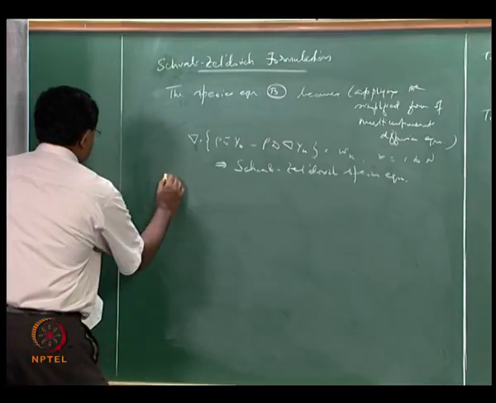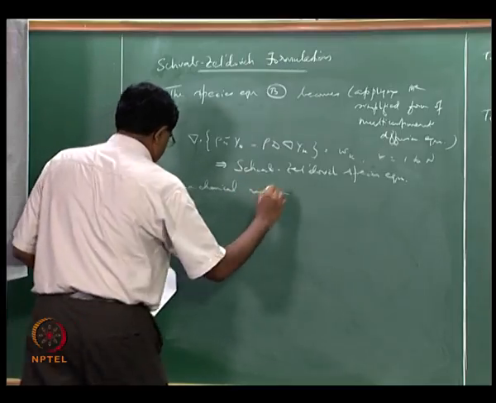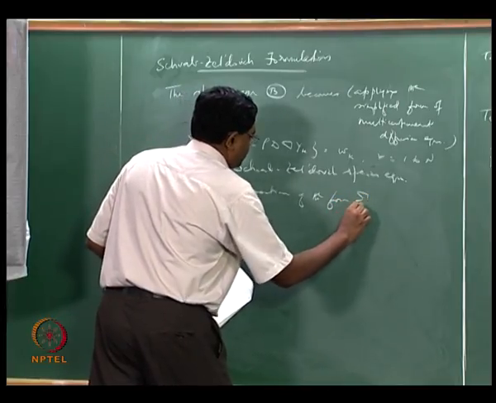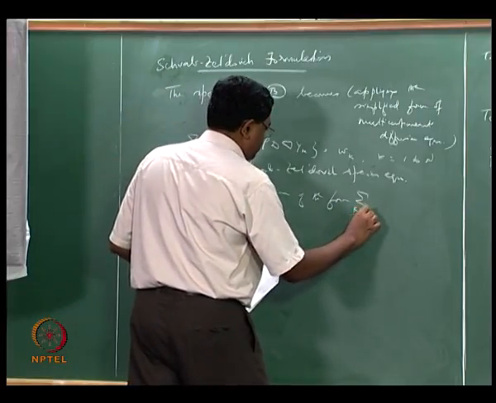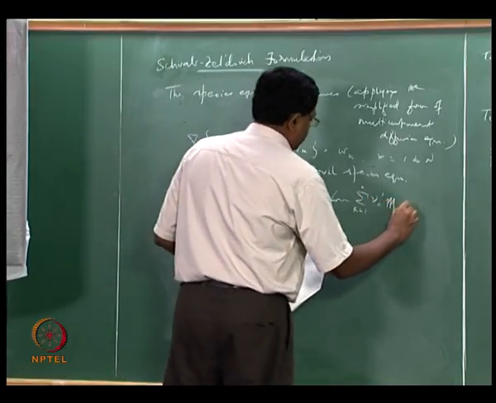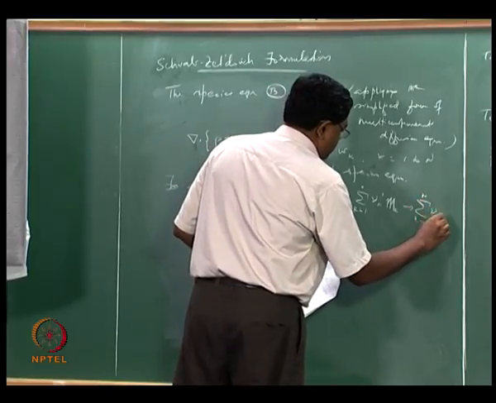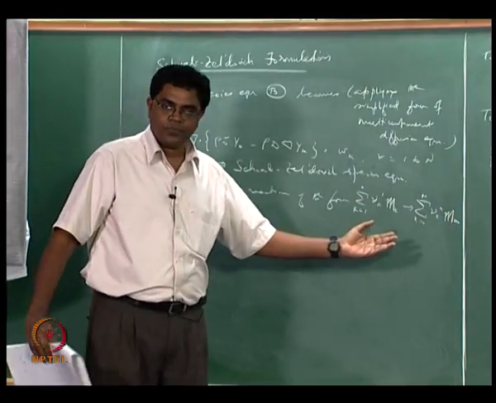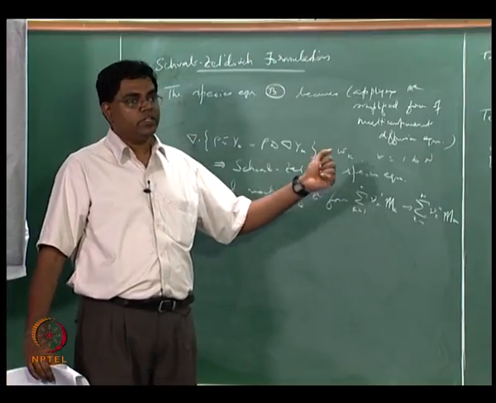For a chemical reaction of the form sum over k equals 1 to n of nu k single prime script Mk gives sum over k equals 1 to n of nu k double prime script Mk, that is a single step reaction. So you are now beginning to think about a single step reaction as opposed to a multi step reaction scheme.